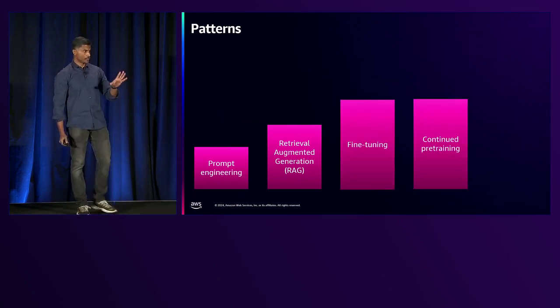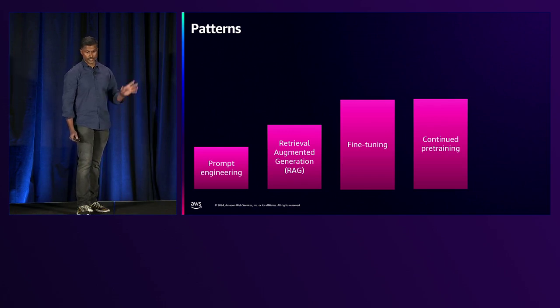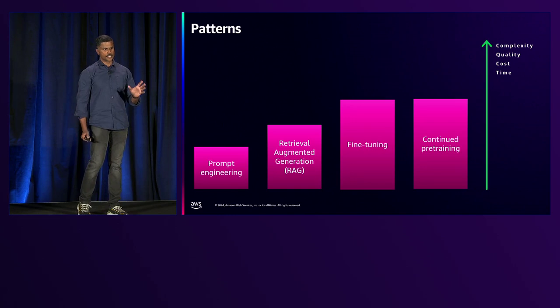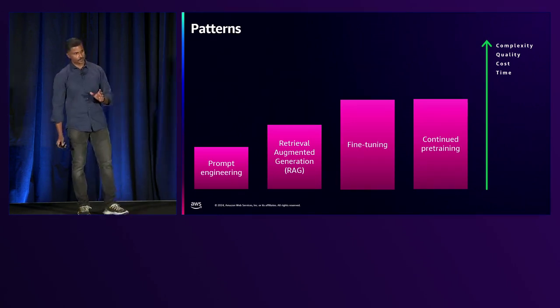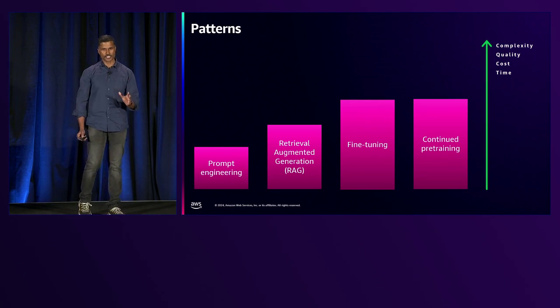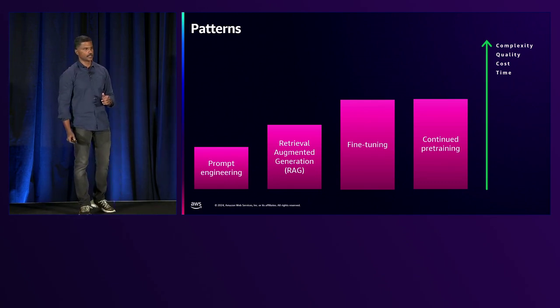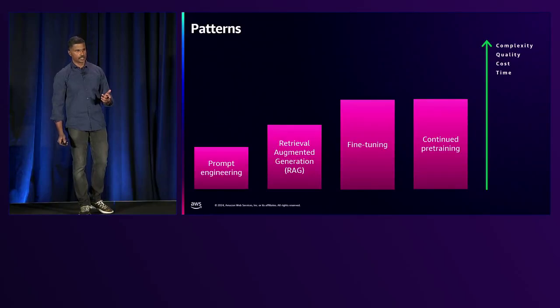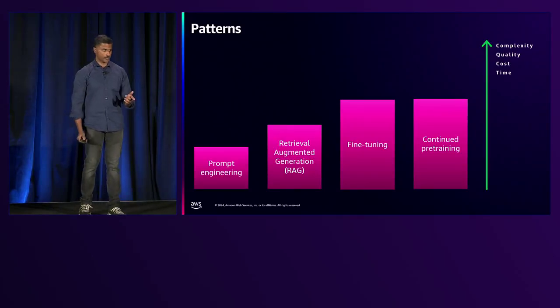As you might have observed from your experience, and as the chart shows, the quality of the model increases as you go from left to right. It will be more domain-specific, more domain context as well. It gets smarter in that dimension. But the trade-off is the complexity, the time, and the cost to make that happen.